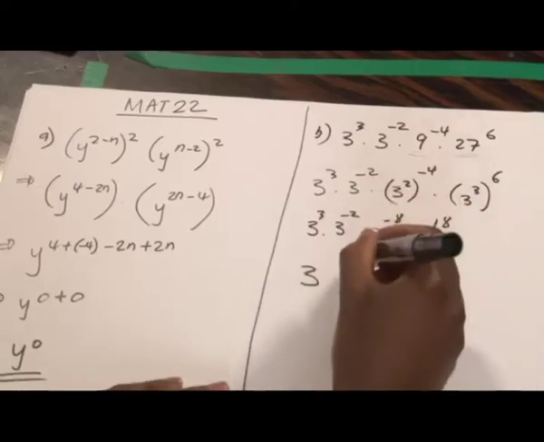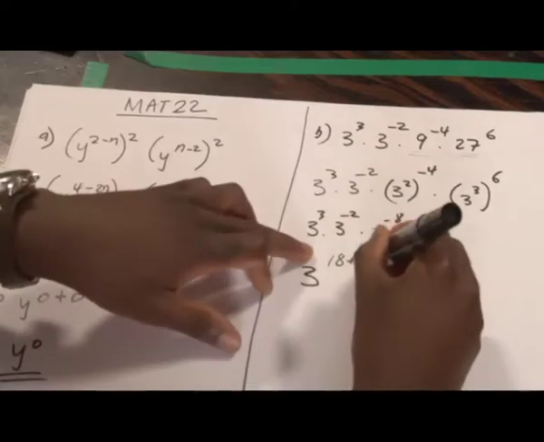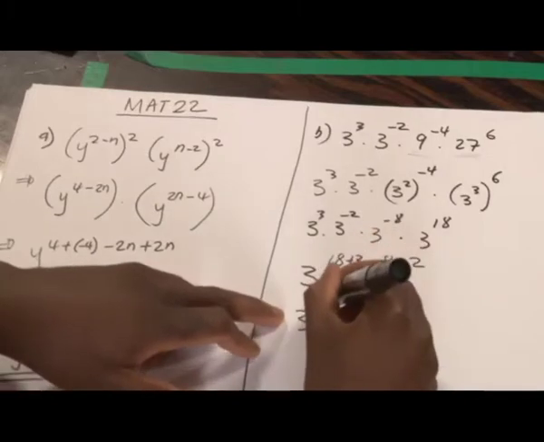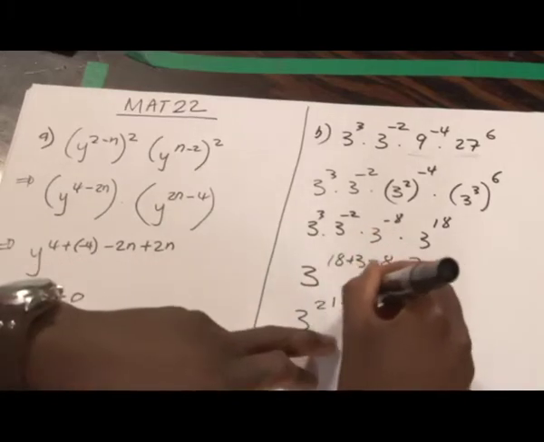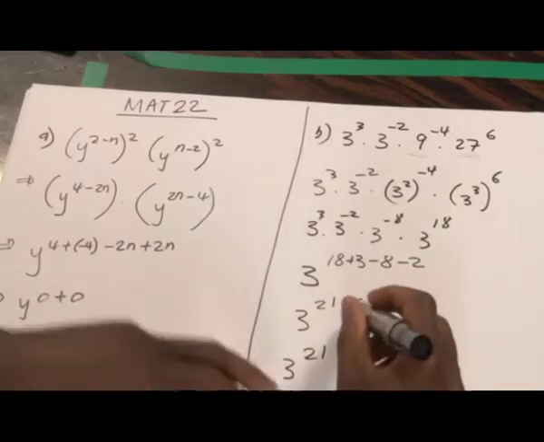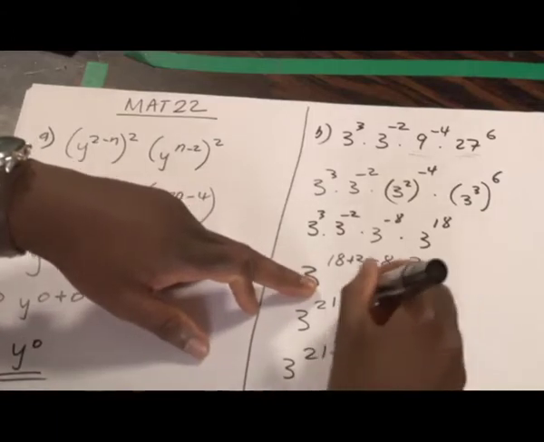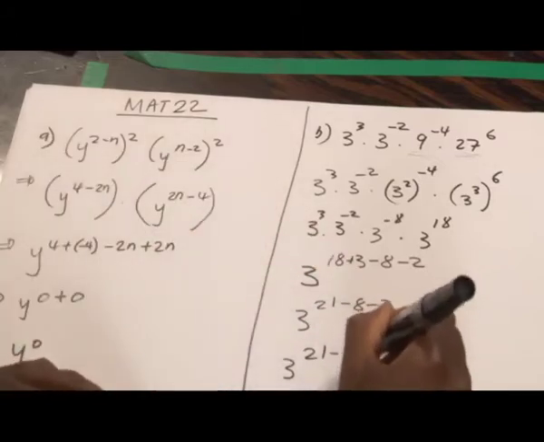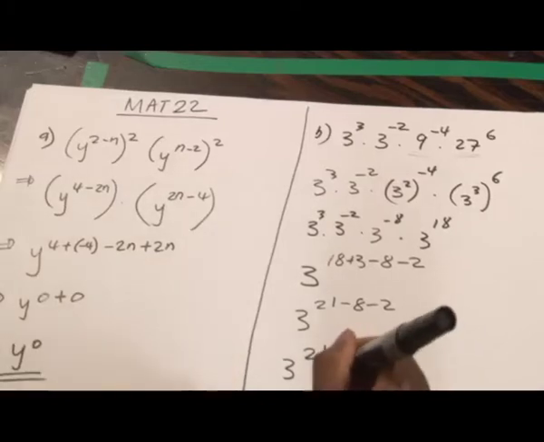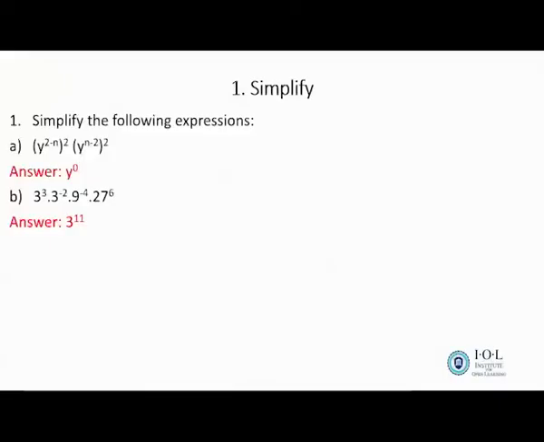You can deal with the ones that are positive first: 18 plus 3, minus 8, minus 2. So 18 plus 3 gives you 21. Then minus 8, minus 2 is minus 10... minus 12 in total? Minus and minus, so 21 minus 12 gives you 11. That's how you get the final answer: 3 to the power 11.